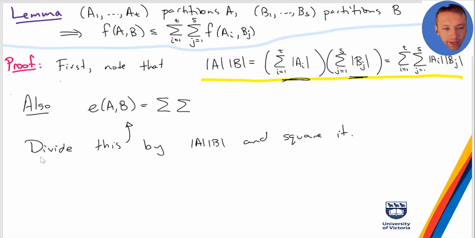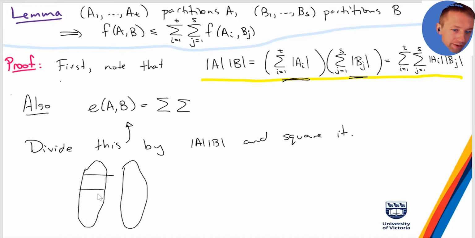So ignore this comment for a second. How would I count the number of edges from A to B? You get a similar formula, because if I want to count edges from A to B, I can look over every pair of parts and count up edges from A1 to B1, A1 to B2, and so on, A7 to B42, whatever.